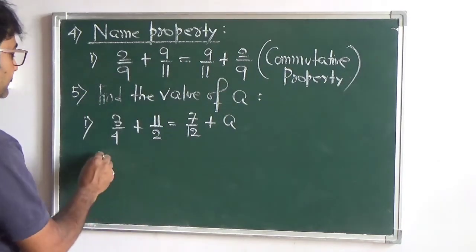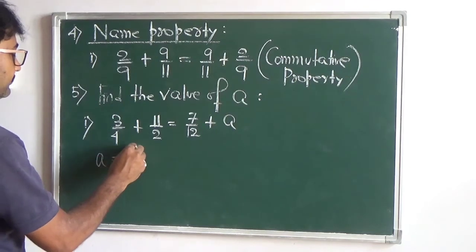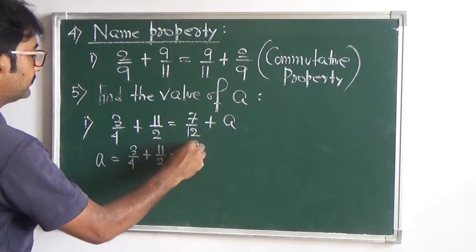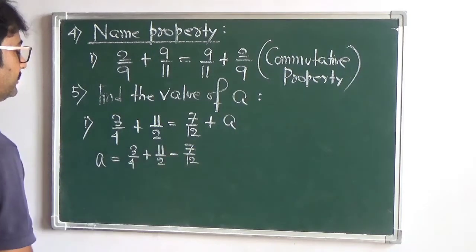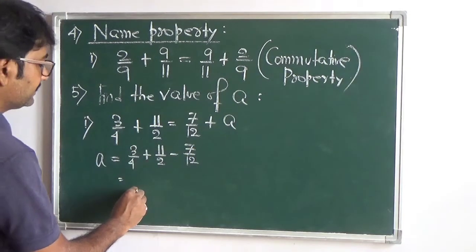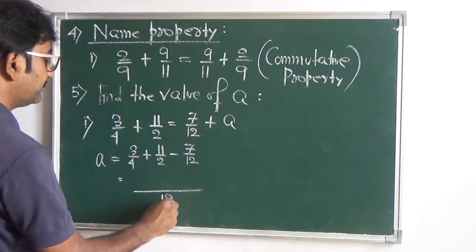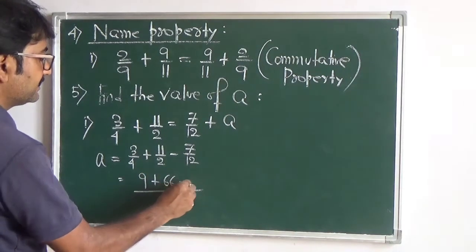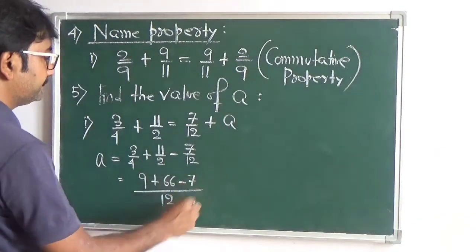You get the result. So you can write A is equals to 3 by 4 plus 11 by 2 minus 7 by 12. So we can take the LCM. Obviously it will be 12.